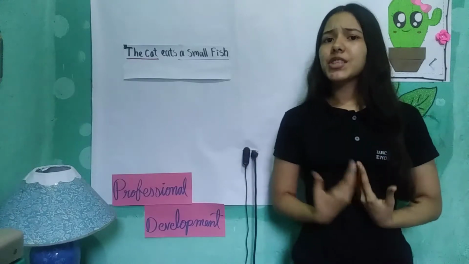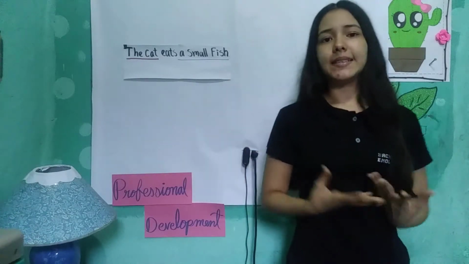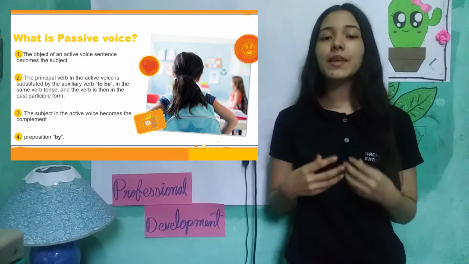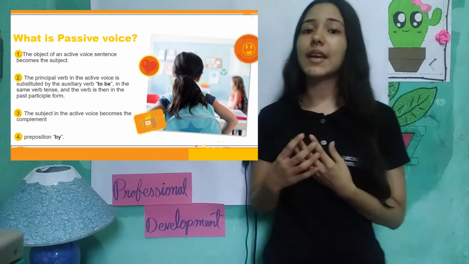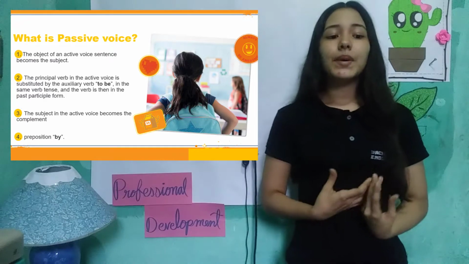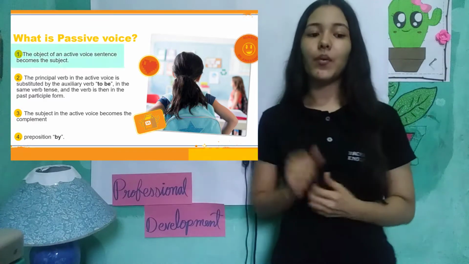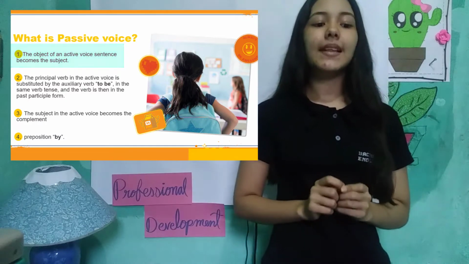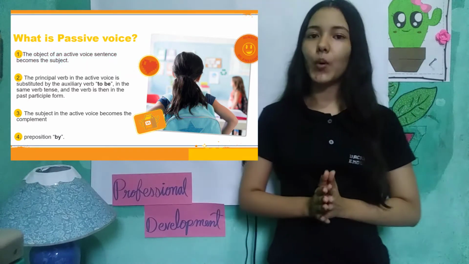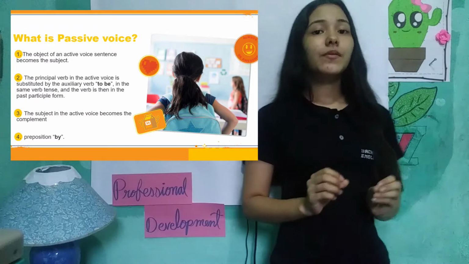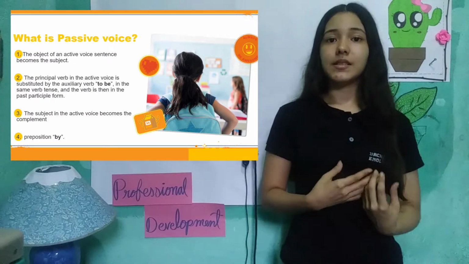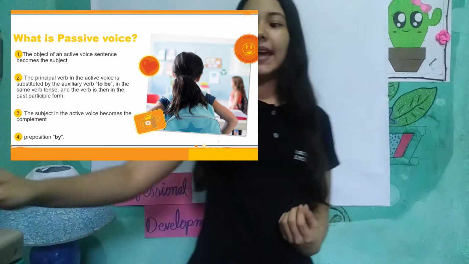But how can we change the sentence into passive voice? There are several points that we need to keep in mind when we want to change the sentence into passive voice. The first one: the object of an active voice sentence becomes the subject. So first of all, we need to identify which is the object and which is the subject.